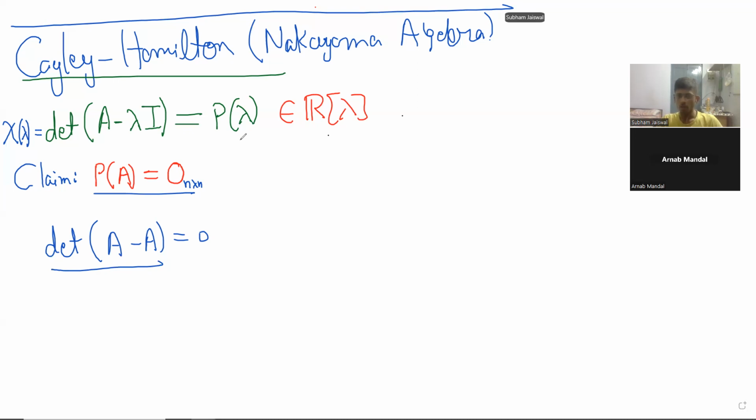Exactly. But when you put a value there, you get a number, right? Even if you put a matrix in place of lambda, you get a number. And then you have just shown that this number is 0, and that is not the same as P of A, because P of A is a matrix.